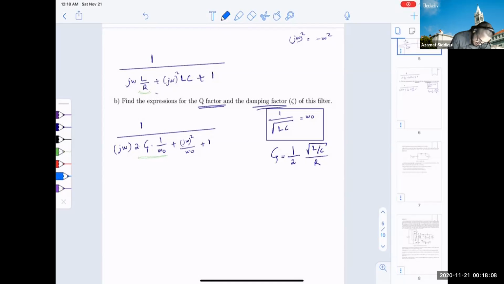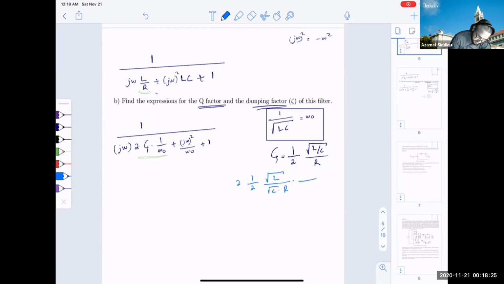1 over 2, 2 times the value of C, so it becomes square root of L divided by square root of C times R times 1 over omega naught.